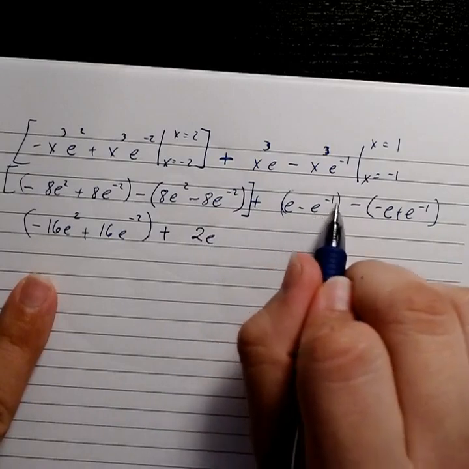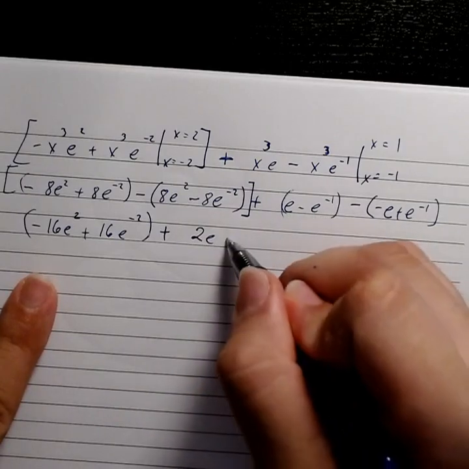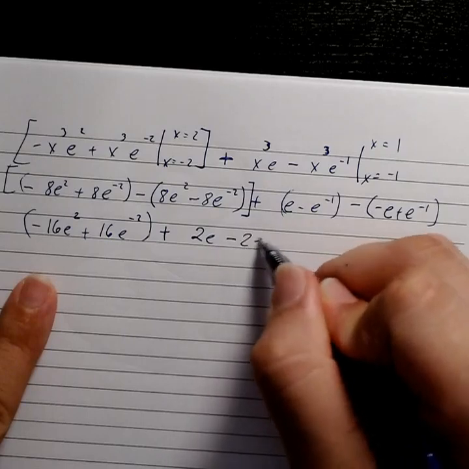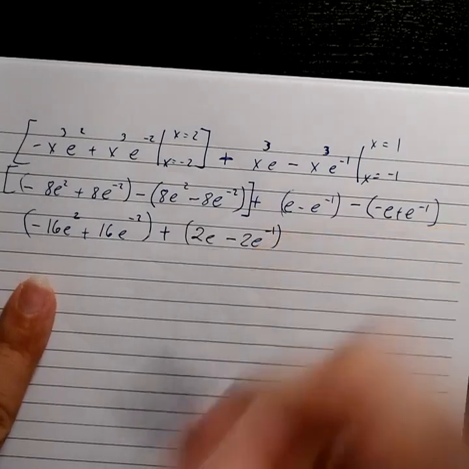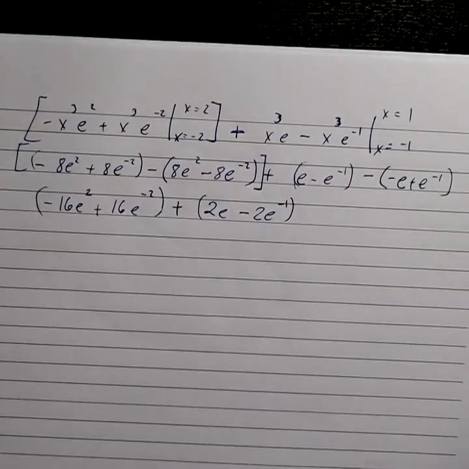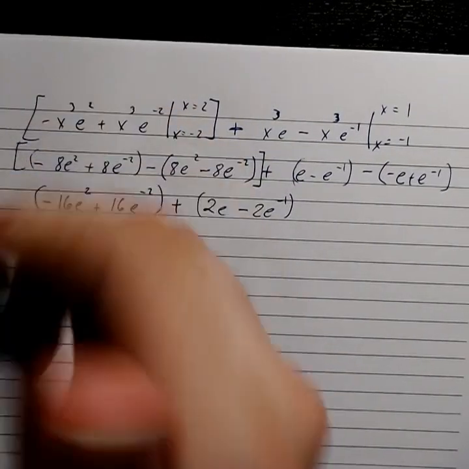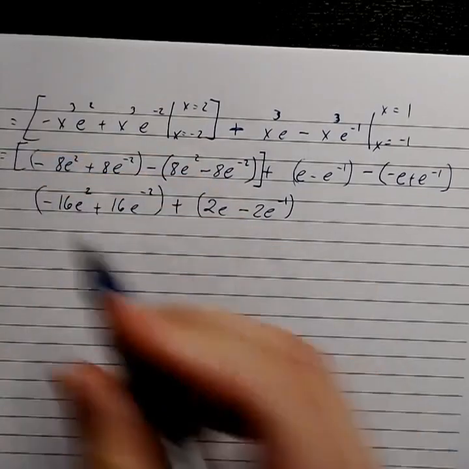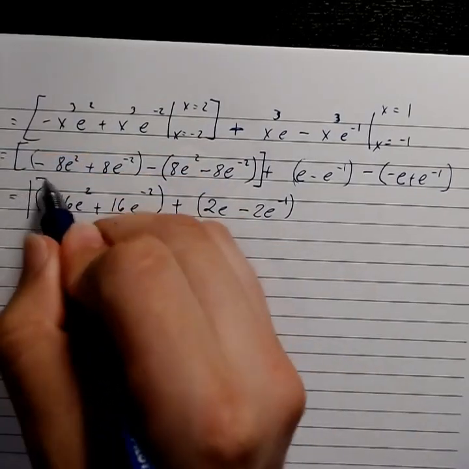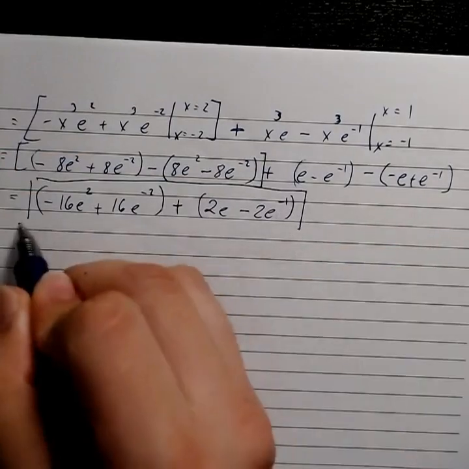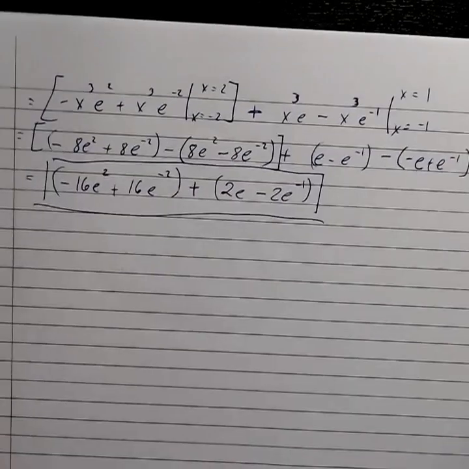And then negative e to the minus 1 minus another e to the minus 1 is minus 2e to the minus 1, like that. At this point, there's any number of ways you may want to simplify that. You can probably type that into a calculator, but that'll suffice. That looks good enough to me.